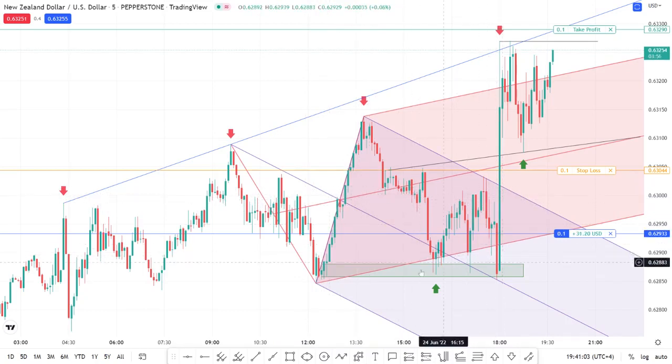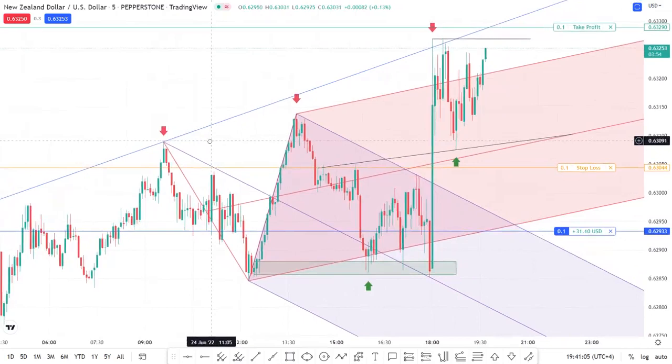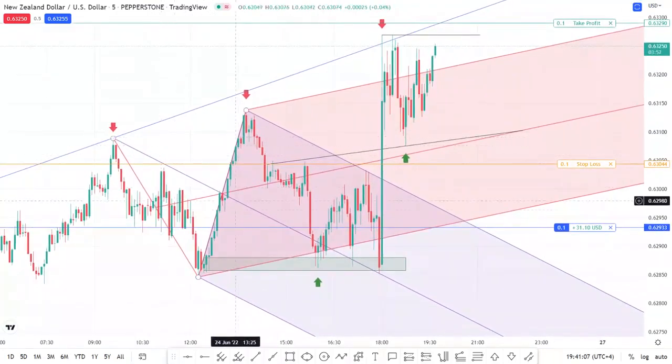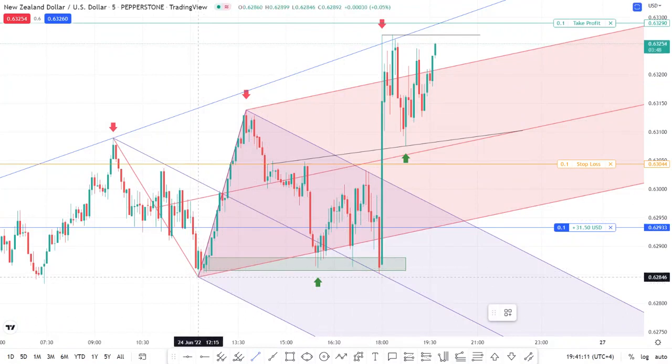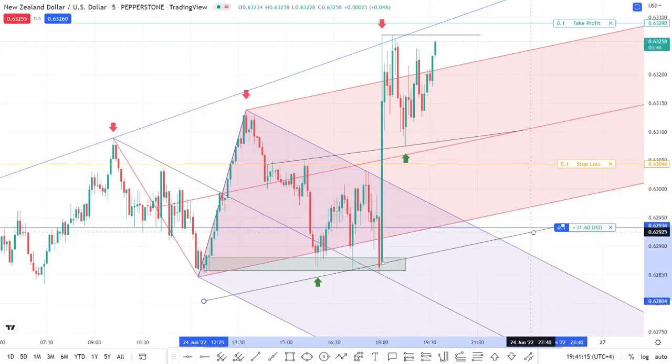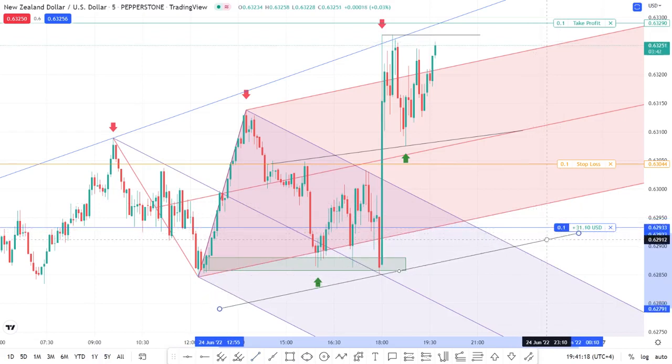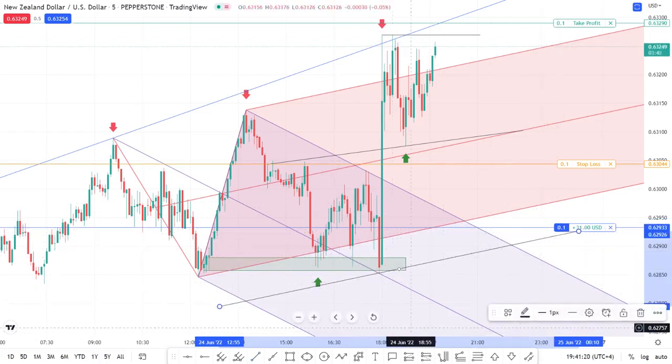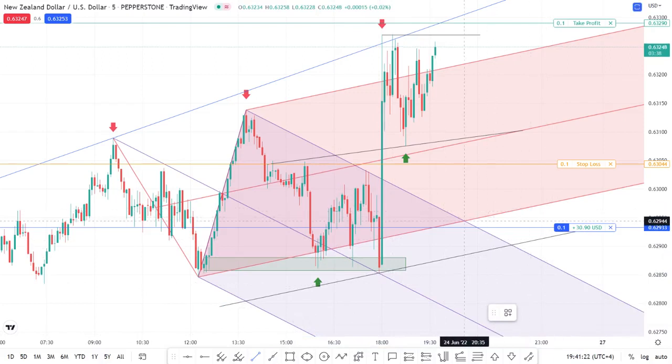Dito sa move na to, out of bounds siya. Pero sabi ko nga, kapag meron mga out of bounds and meron kang valid pitchfork, most probably that's because of the frequency shifting. So, pwede mong i-tune yung frequency following Newton's third law of motion. So, sabi nga, for every action, there is an equal and opposite reaction.